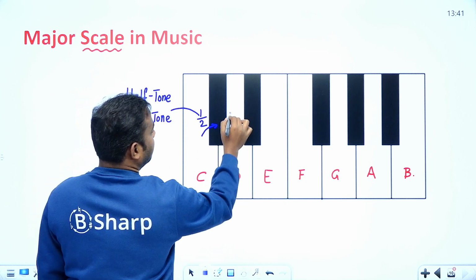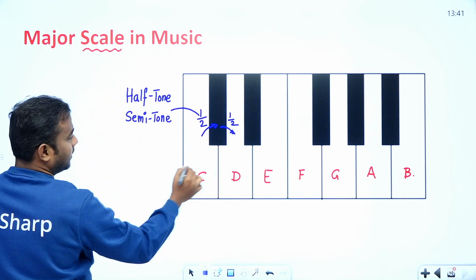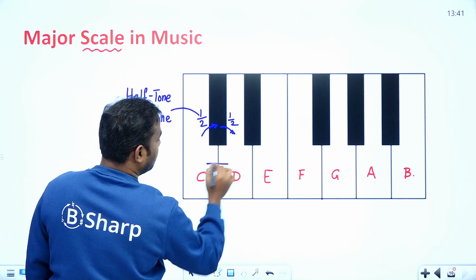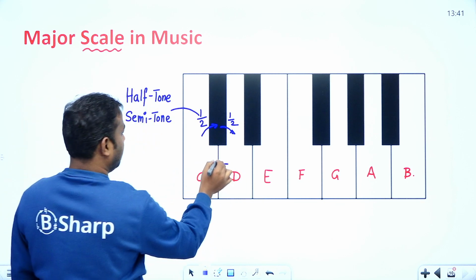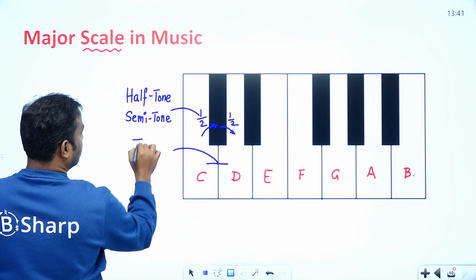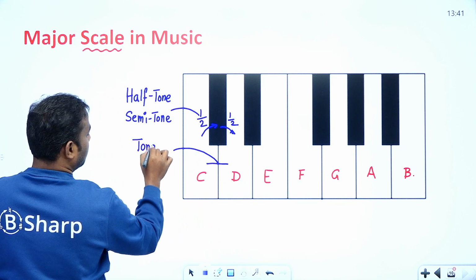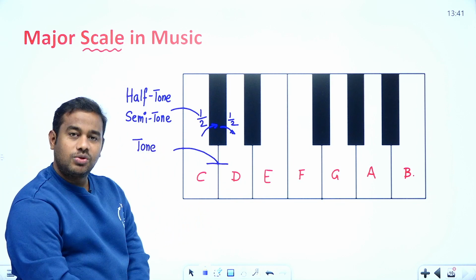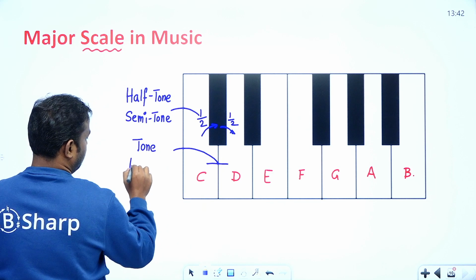As a result, the distance between this tone and this tone becomes a full tone. This full tone is also called a whole note.